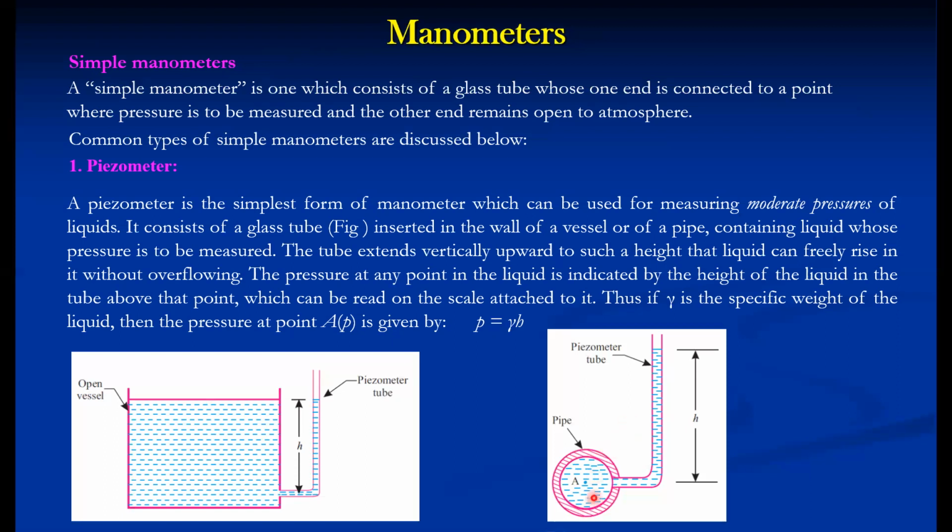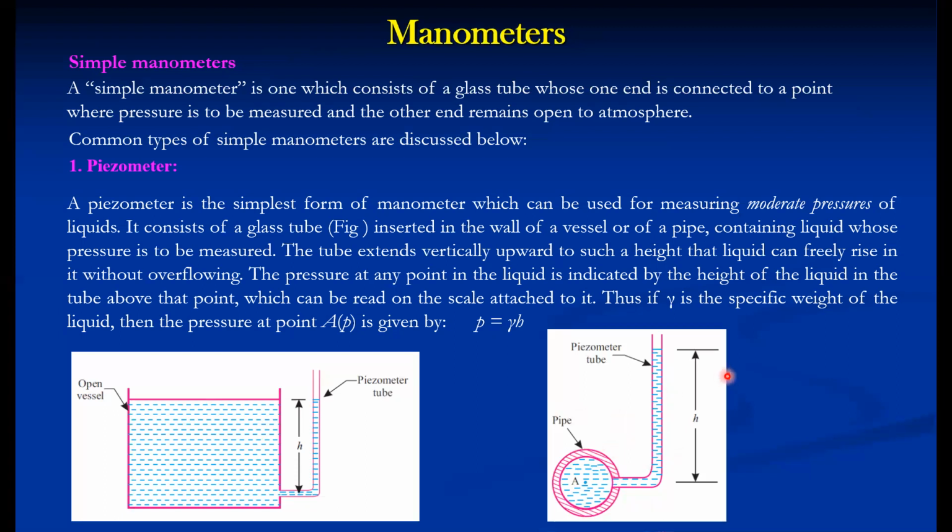Again, if the pressure is negative pressure, then it is not possible in this particular orientation. The orientation is slightly different, an inverted tube is used. In that case, that liquid is sucked in the tube. So it is generally not suitable for measurement of negative pressure. In some cases it is used, but it is not convenient or not recommended for negative pressure.